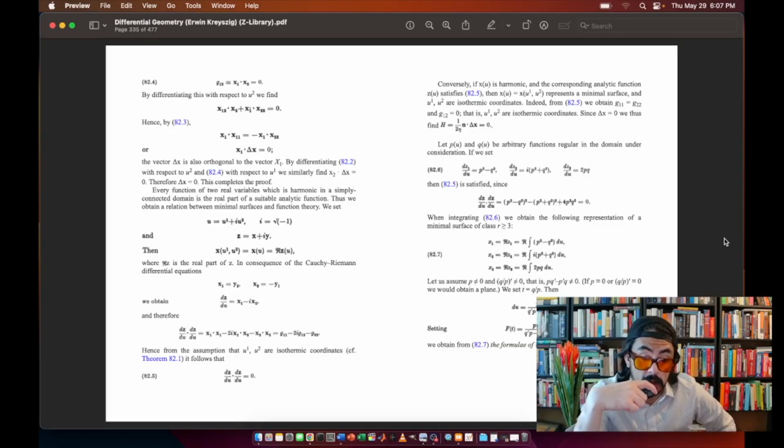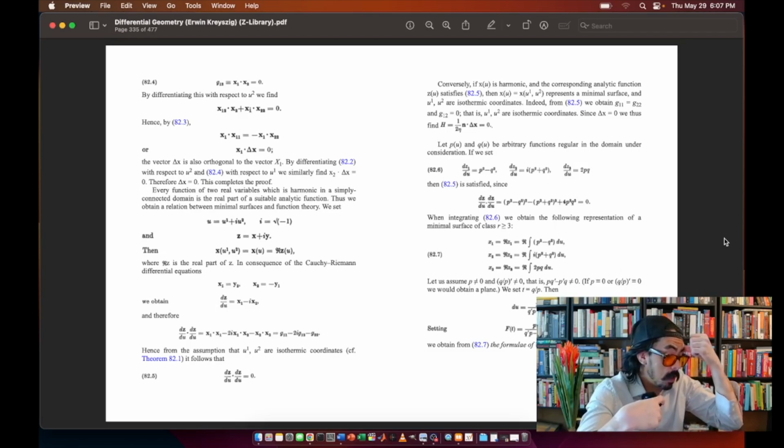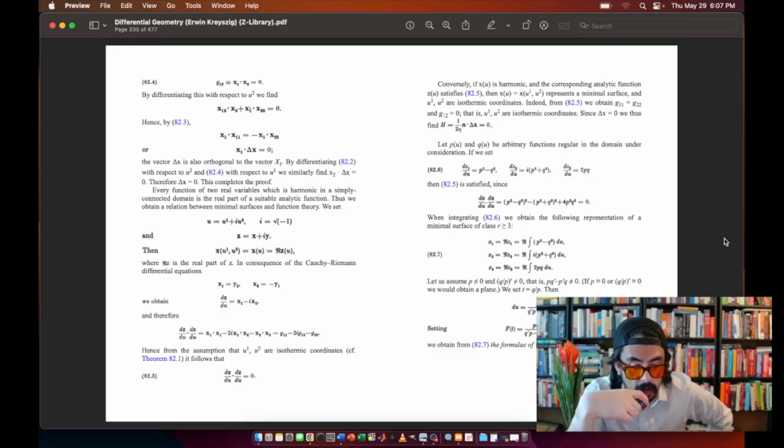In consequence of the Cauchy-Riemann differential equations, x1 equals y2 and x2 equals negative y1. There's another way to state the Cauchy-Riemann equations. That's probably what I wrote down. Oh, there it is. It's underneath my cat, so I can't really read it right now. But we obtain dz/du equals x1 minus ix2, where those indices are actually subscripts now.